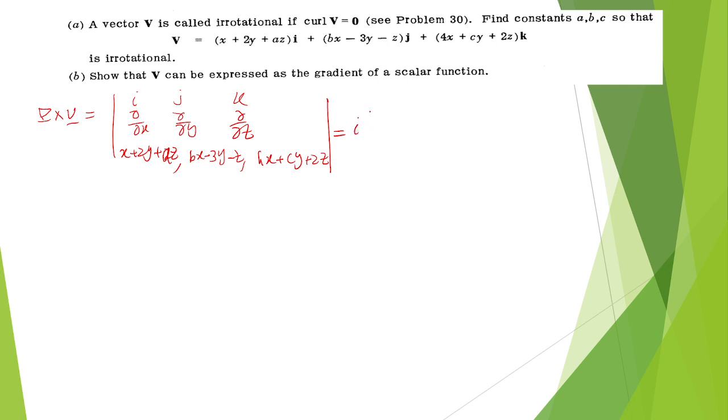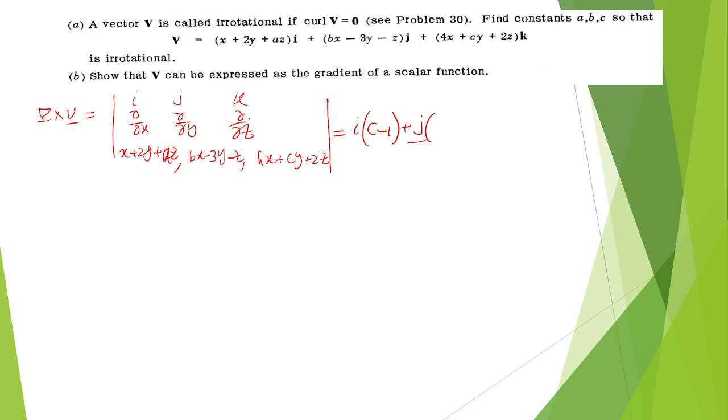So in i, this will be differentiated over here, so I will get only c from here, and this will be differentiated over here, so I will get only minus 1 from here.